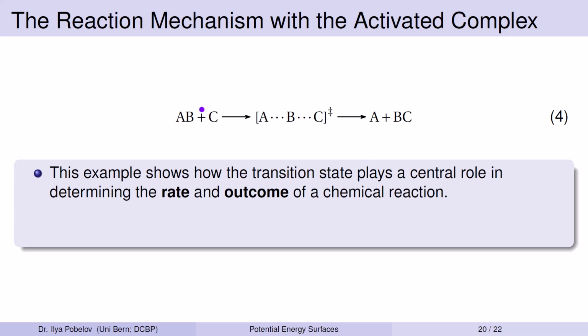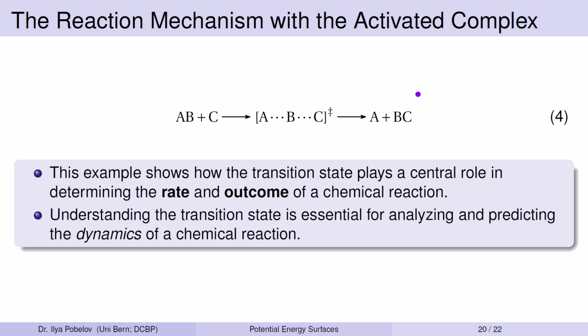This example shows how the transition state plays a central role in determining the rate and outcome of a chemical reaction. Understanding the transition state is essential for analyzing and predicting the dynamics of a chemical reaction.